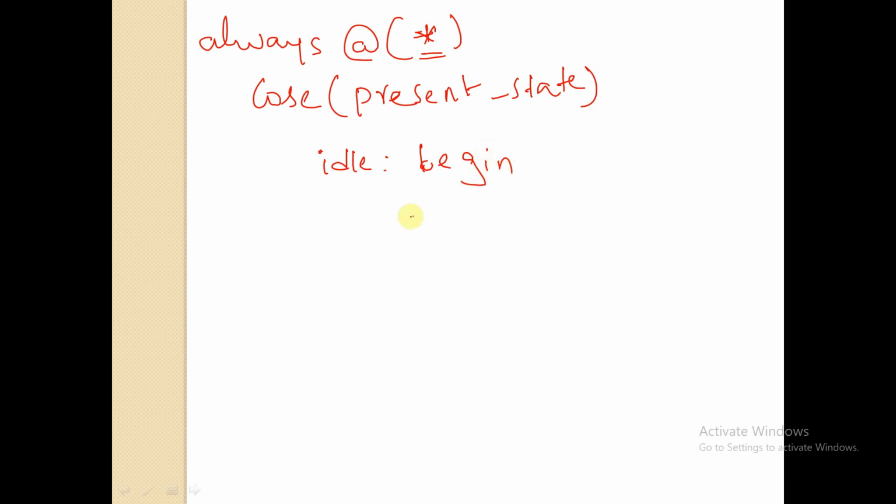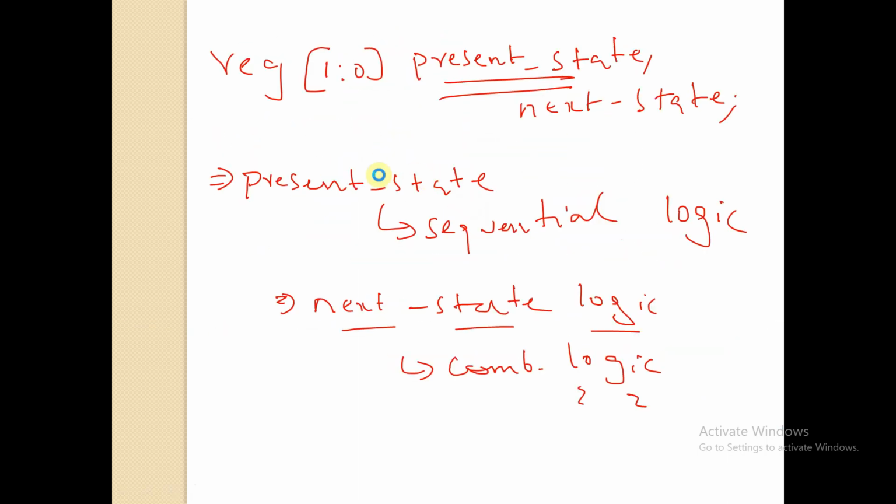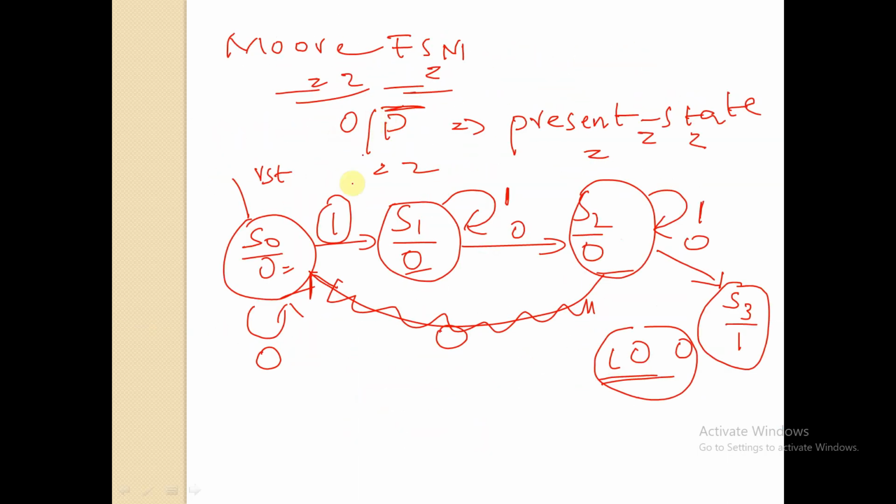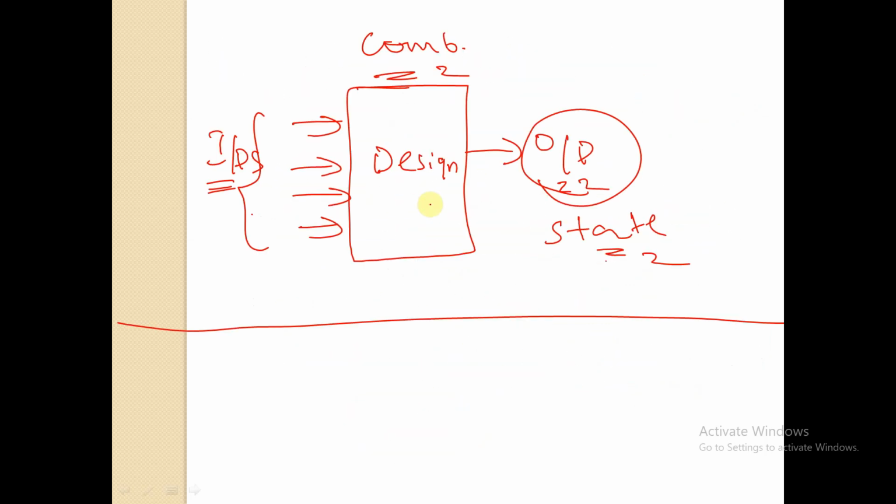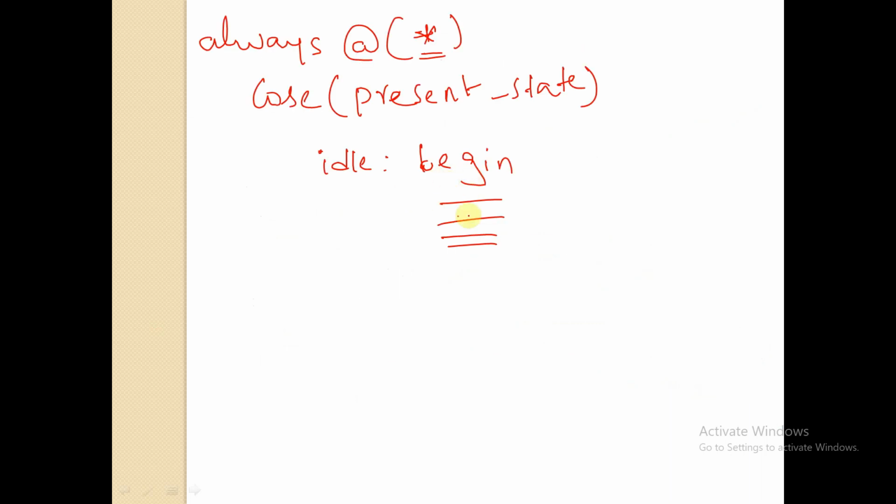I should do some operations. Say here, in S0, if my input is 1, I should go to S1 state. So I'll write here case present state begin.